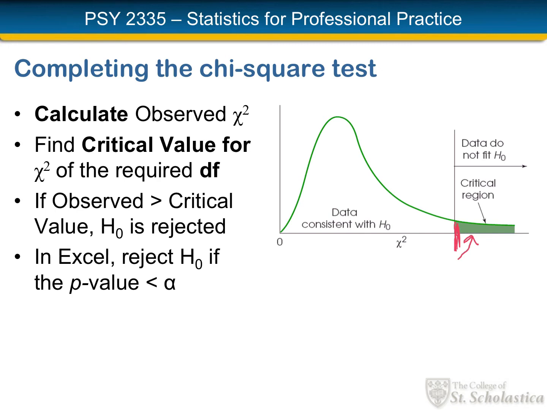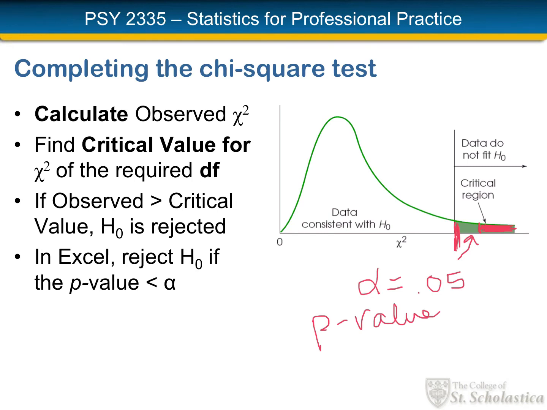When we're working in Excel, instead of looking at a critical value, what Excel does is it says, there's my actual chi-square, I'm going to compute the area beyond that chi-square. So if you remember, the whole area, the part that was originally green, represented my alpha, which is usually 0.05. So the p-value is the area corresponding to my actual observed data.